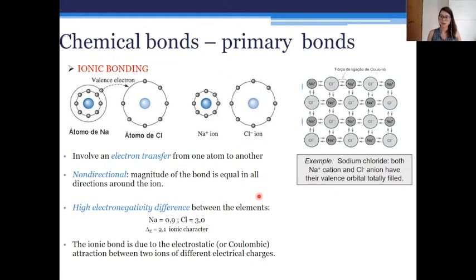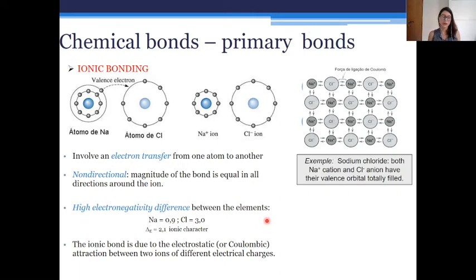This kind of ionic bonding will occur when we find a high electronegativity difference between the elements. If we look at the tables, the electronegativity of sodium is 0.9, whereas the electronegativity of chlorine is 3.0. So you can see that the difference of electronegativity is 2.1. In that case, we describe it as having an ionic character.